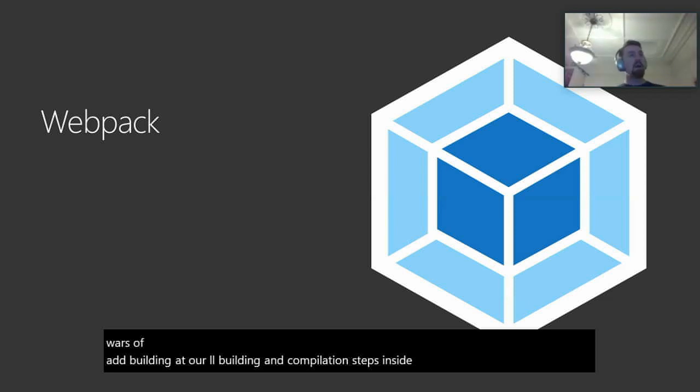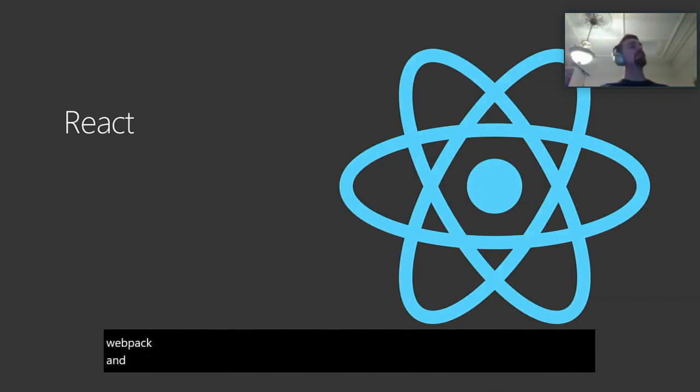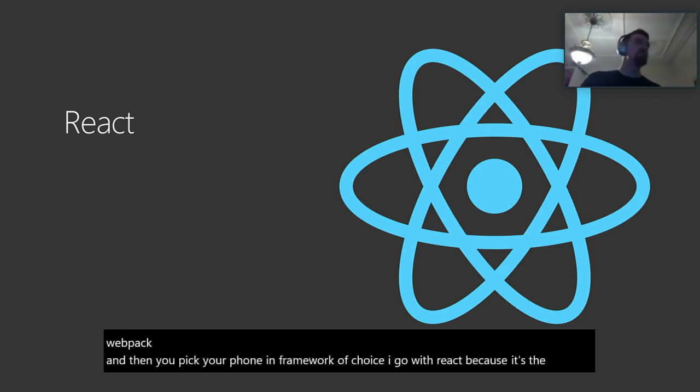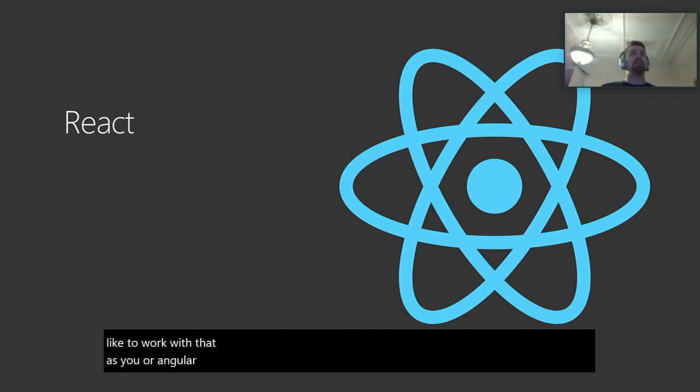So I tend to go with Webpack, and then you pick your front end framework of choice. I go with React because it's the one I like to work with, but you could use Vue or Angular or, heaven forbid, Vanilla.js. Like, actually work with the DOM directly? That sounds like a crazy notion.